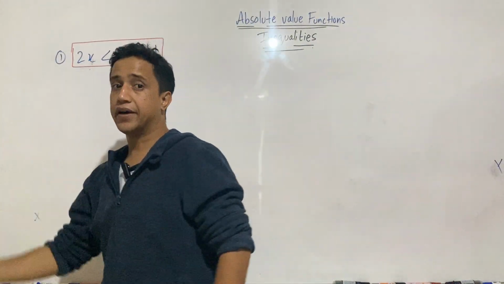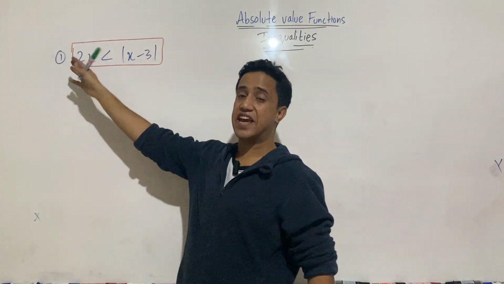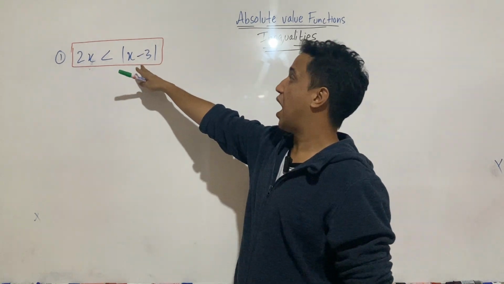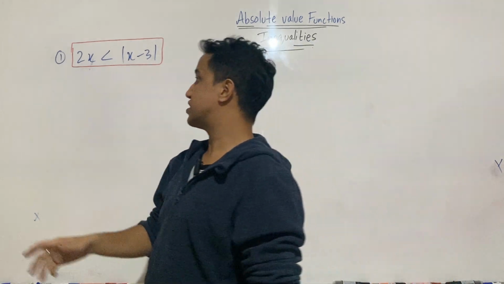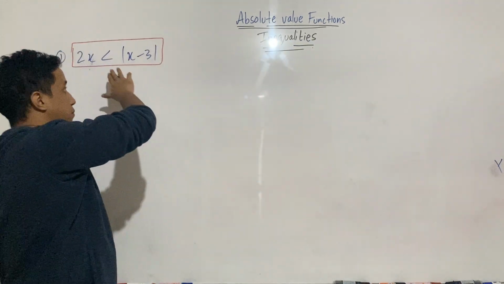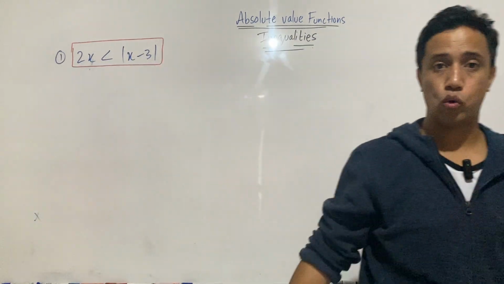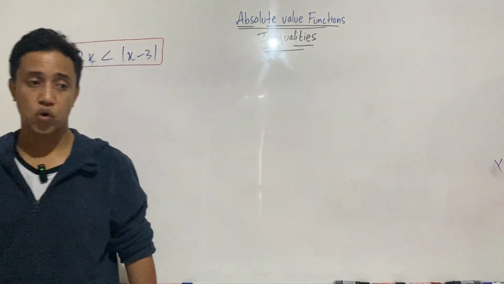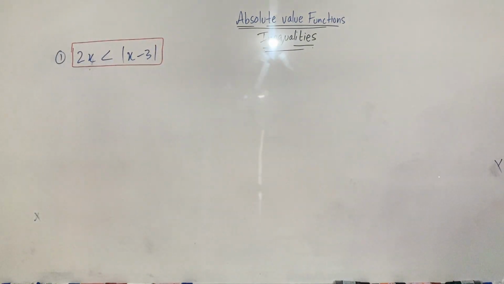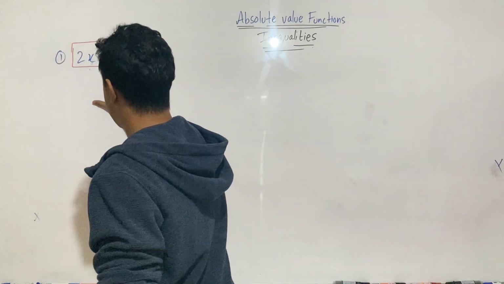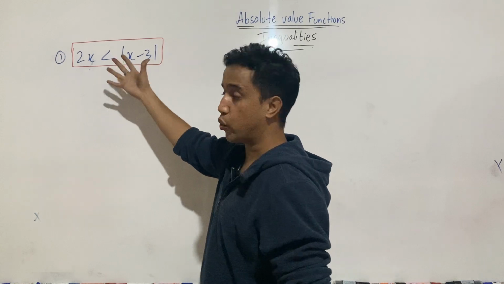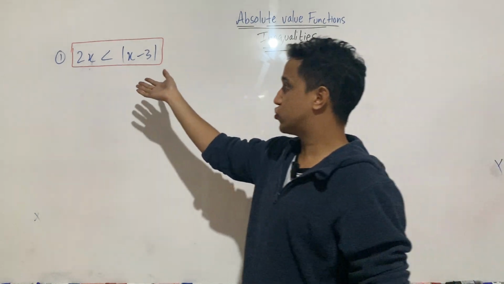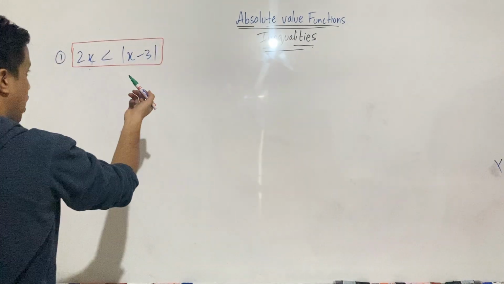Because if you say that y is 2x, then it's going to be y less than the absolute function |x minus 3|, because it has a less than sign in between, so it represents an inequality. Now the question is how to do this type of question. Whether it's an equation or an inequality, you have two mathematical statements on either side, so we'll see how to do it.